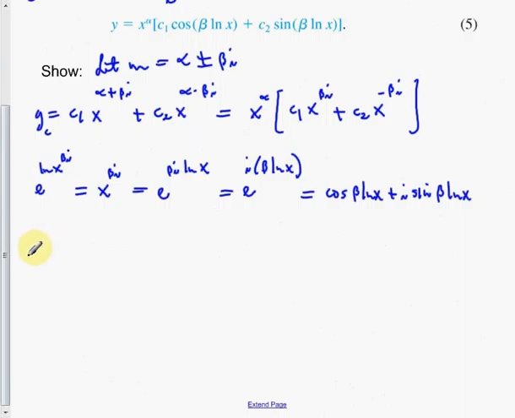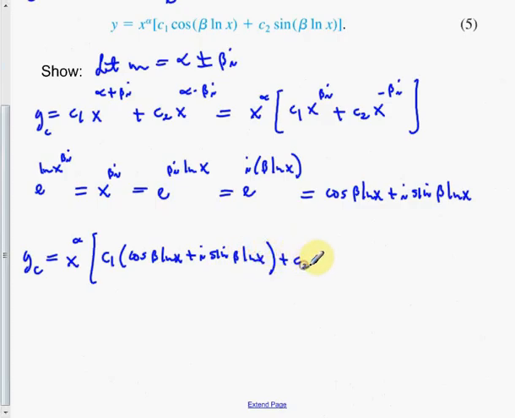So if that be the case, then we go back, y sub c, it doesn't look pretty. y sub c is equal to x to the alpha, which we factored out, times c sub 1, x to the beta i becomes, in parentheses, cosine of beta natural log of x plus i sine of beta natural log of x. Close that one up.